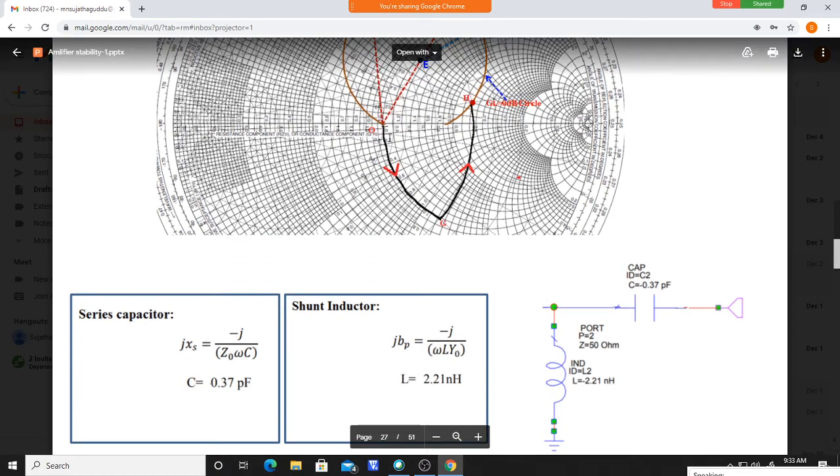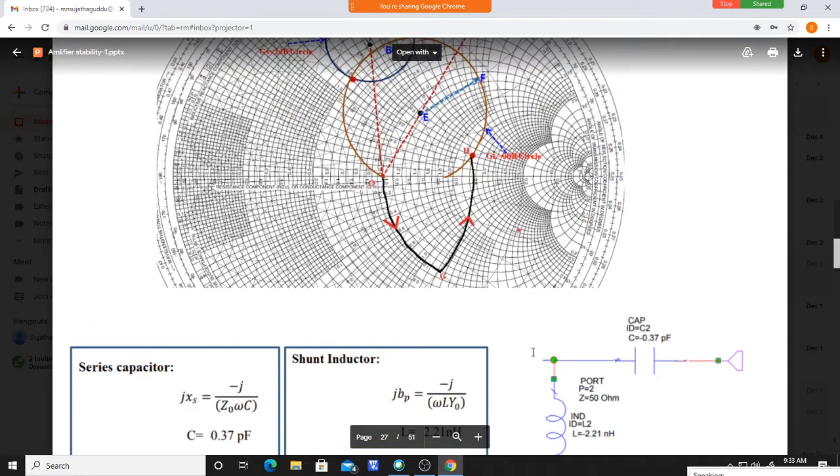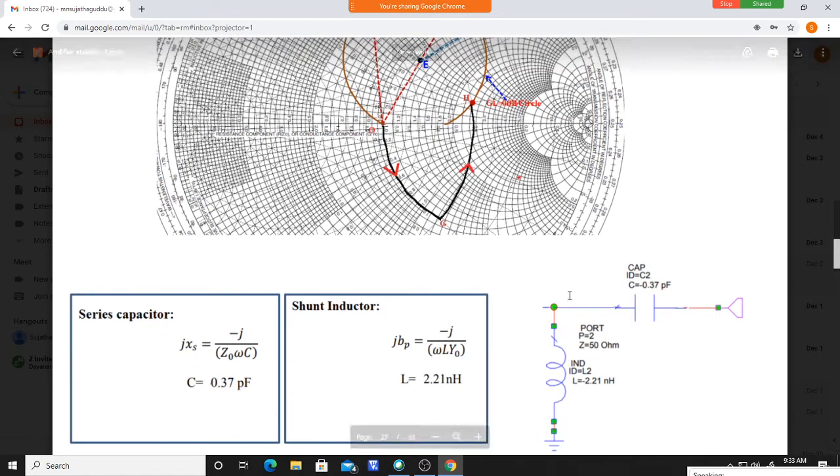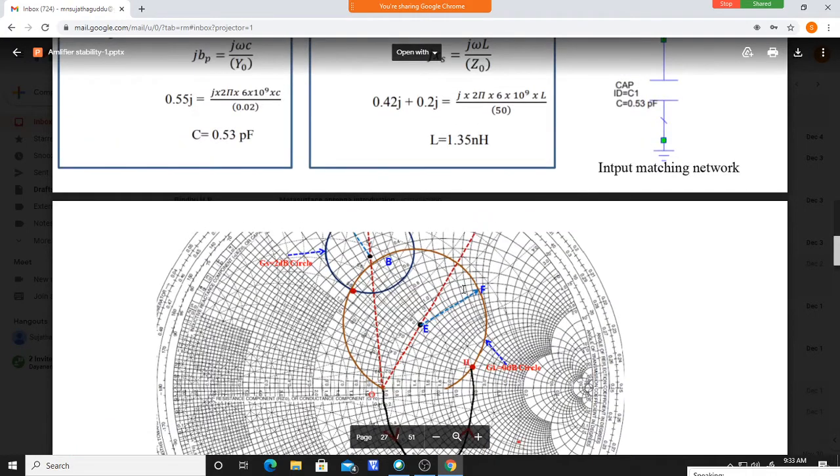So 50 ohm is here, the 50 ohm output impedance, and looking in this direction it should be this value. Then we will get GL of 0 dB. How to get this inductor value and capacitor value? We will see now in the TLW course content.